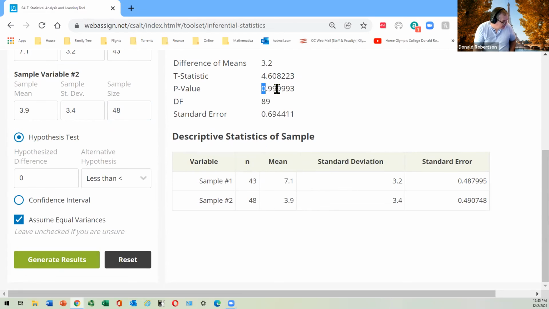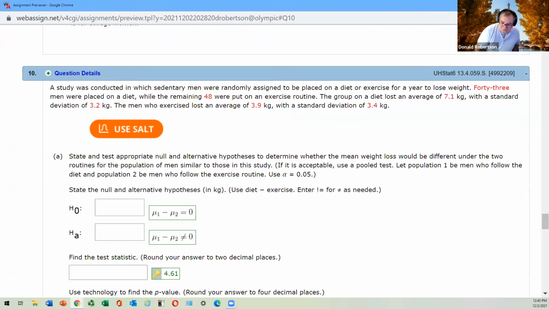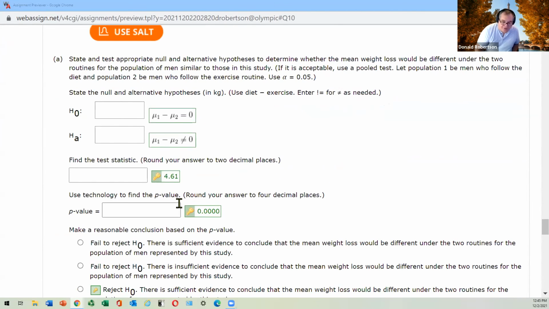And the p-value is that guy, and there's some other things that we need to do. So let's kick back to here. Can you trust me that that guy is 4.61, which he is? That the p-value, did I do the right fella there?